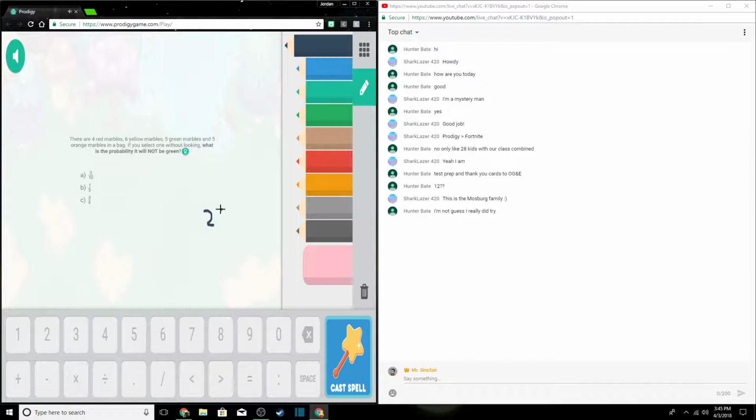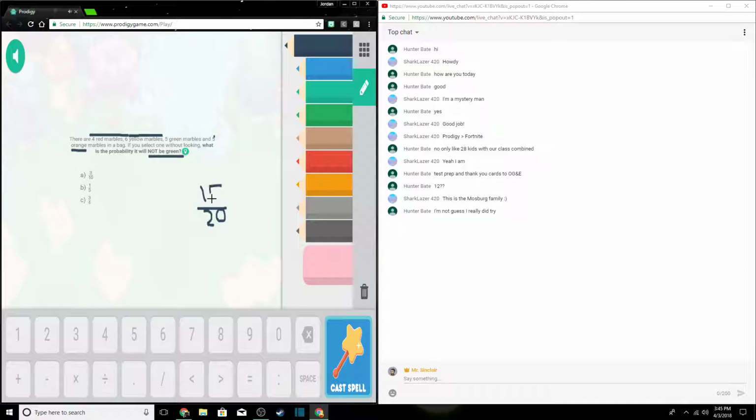It's 20. Now, we have to find out what is the probability it will not be green. So we need to add up the 4 red marbles, 6 yellow marbles, and the 5 orange ones. So 4 plus 6 is going to be 10, plus 5, which is going to be 15.